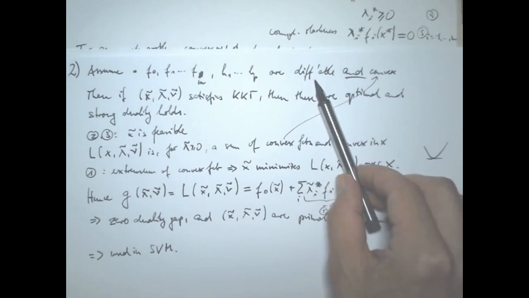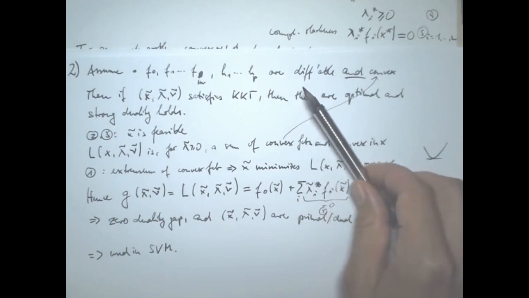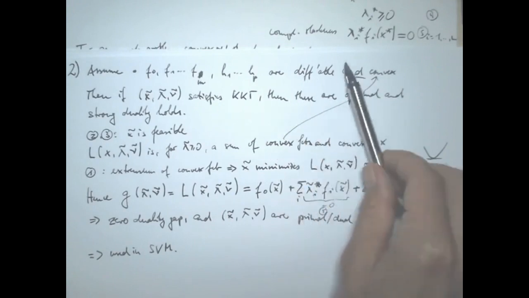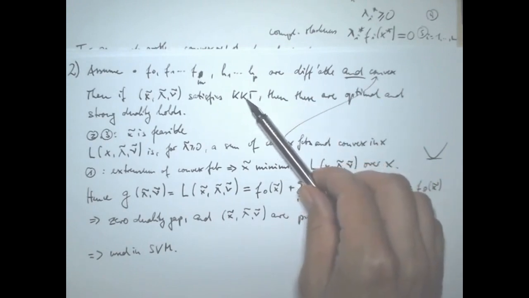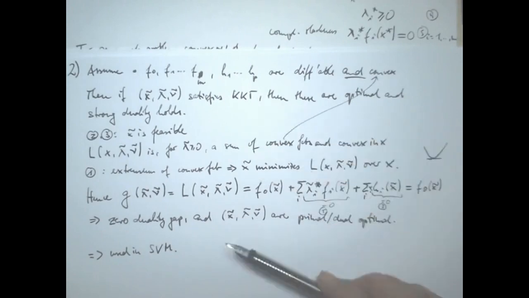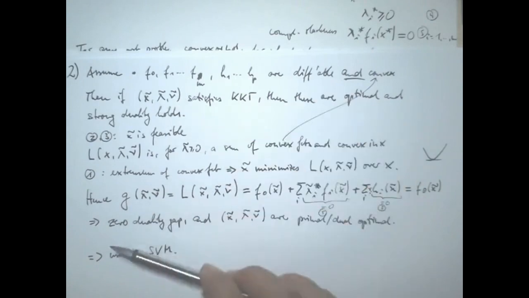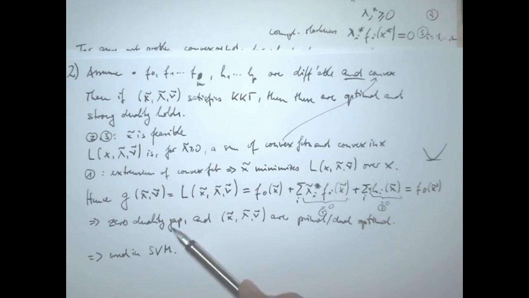The constraints were also convex, and everything was differentiable, so we could use these Karush-Kuhn-Tucker conditions. They guaranteed a zero duality gap, and fulfilling these conditions was enough to find primal and dual optimal variables.